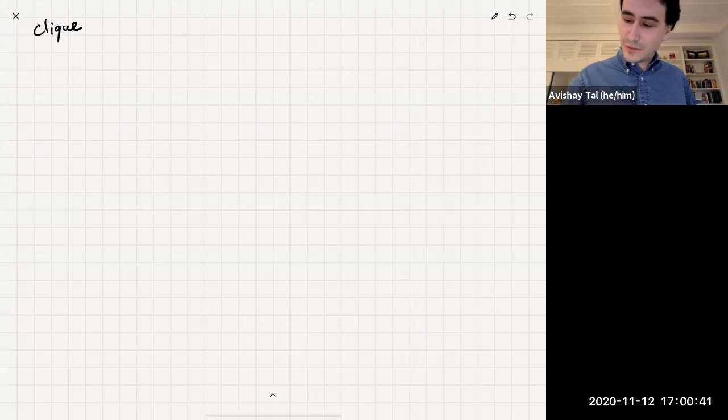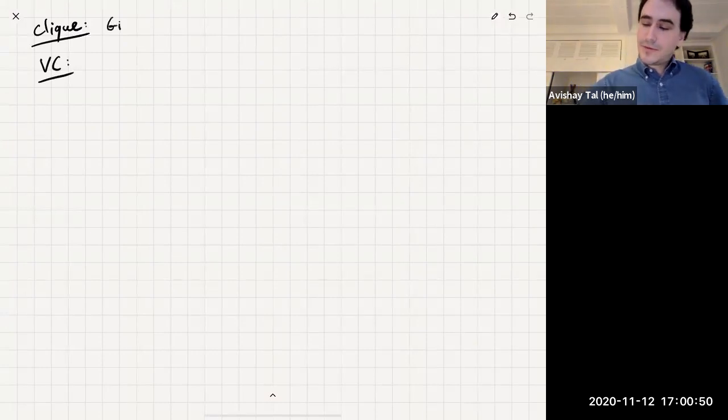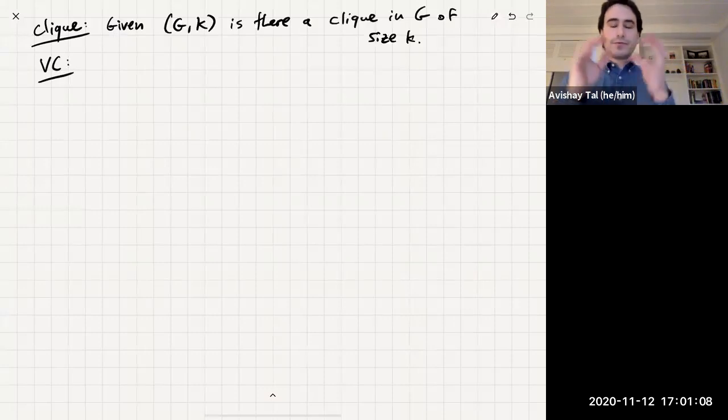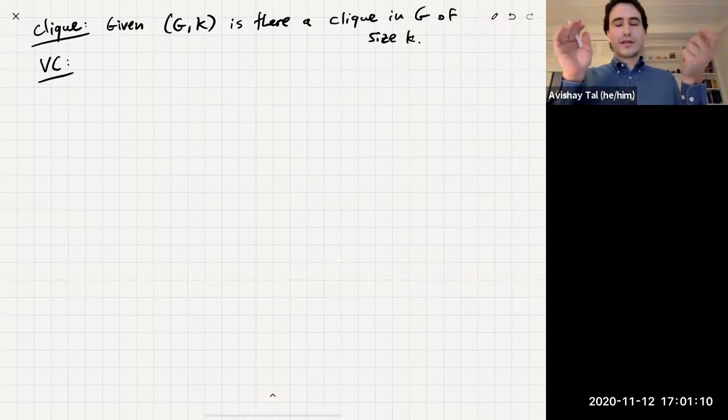Since I want to give you one or two more examples, I want to give you one that is maybe an easy reduction. The clique problem is the following. You are given a graph and a number k, and you want to say whether there's a clique of size k. What is a clique? It's a set of vertices such that every two are connected with an edge.